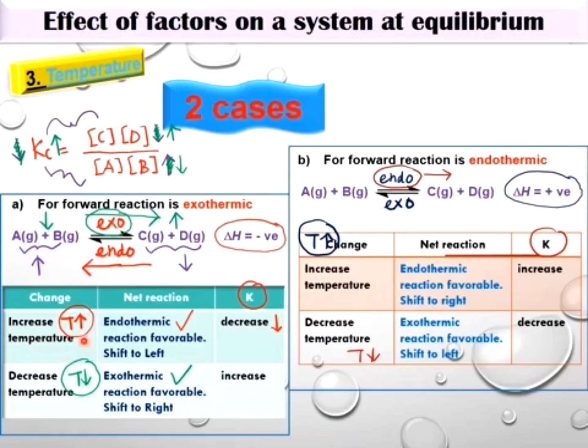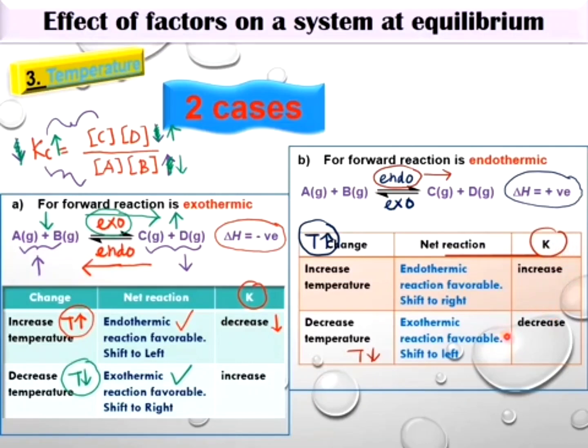Kalau delta H positif, dia punya forward reaction adalah endothermic. Ini kena kenal dulu. Letak dulu siap-siap dekat arrow ni, endo ke exo ke, baru awak jawab soalan dia punya disturbance apa. So fahamkan, kalau increase temperature, dia akan favorable endo. Kalau decrease temperature, dia akan favorable exothermic.